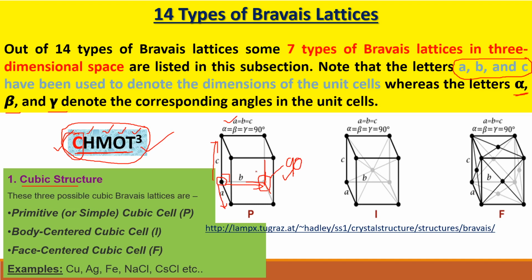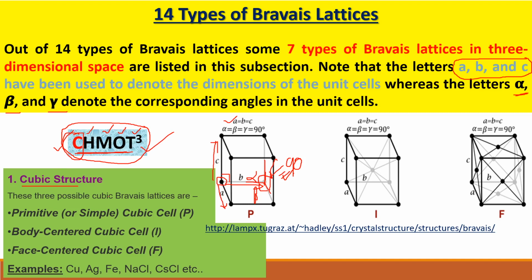So alpha is equal to beta is equal to gamma is equal to 90 degrees. Getting my point? So if A is equal to B is equal to C and alpha, beta, gamma are 90 degrees, this type of crystal structure is cubic.